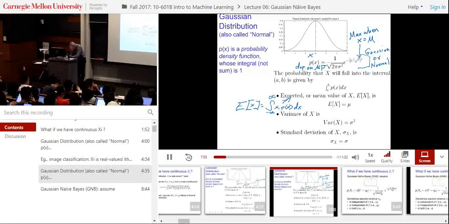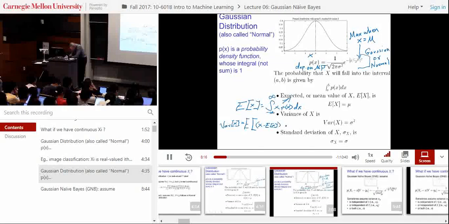It's just the probability weighted average value. And then the variance, of course, is more complicated. The variance of x is actually the expected value of x minus its expected value, squared.